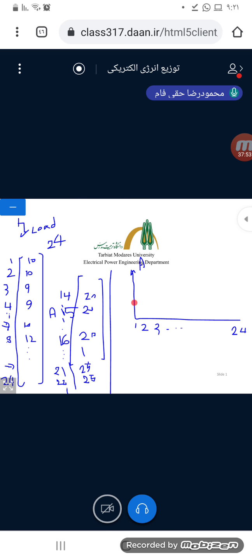The load will be, for example, 10 here, 10 here, 9 here, 9 here, and in hour 7 it is 10, then in hour 8 for example 12, and for example in hour 21 it is 25, and others.